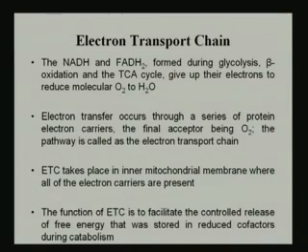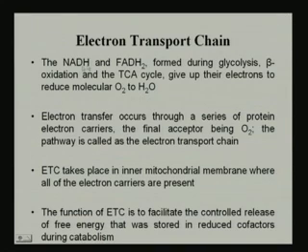Now, coming to the electron transport chain. The NADH and FADH2 formed during glycolysis, beta oxidation and the TCA cycle give up their electrons to reduce molecular oxygen to water.